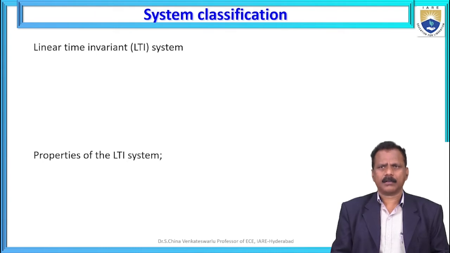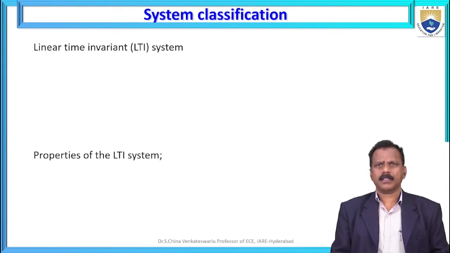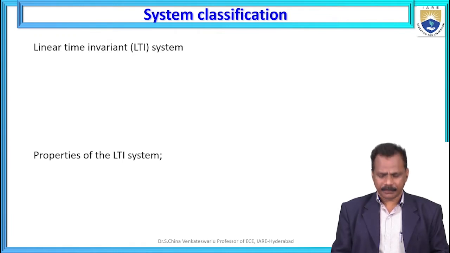Majorly, according to our DSP, digital signal processing, we require the linear time invariant system. Based on this linear time invariant system, what are the major properties? Based on these properties, we can verify our discrete time system, its variations and effects in real time or normal applications, and how it is reflected mathematically and practically. That's why the major one is the linear time invariant system.